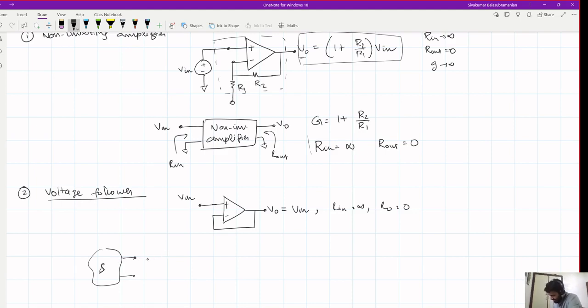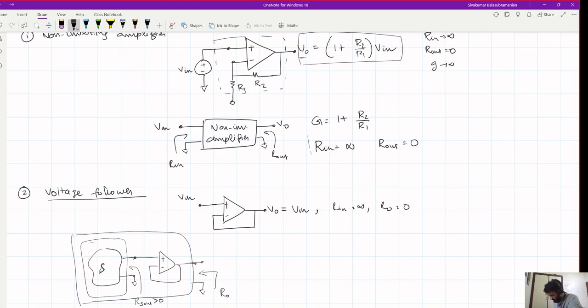Then if you connect it directly, the sensor output is degraded. But if you connect the buffer amplifier, a poor sensor, poor in terms of its output impedance, behaves differently.